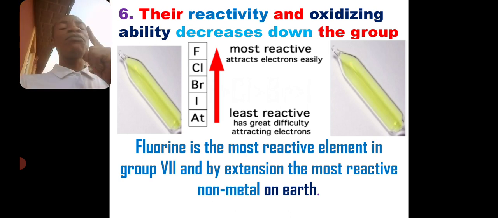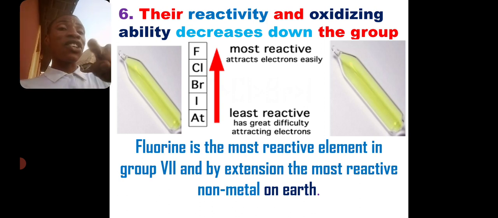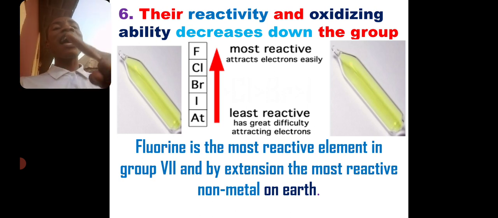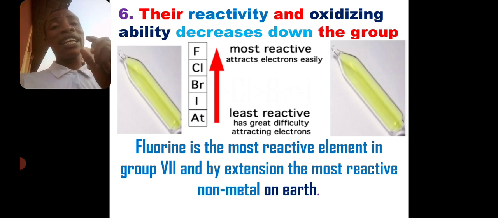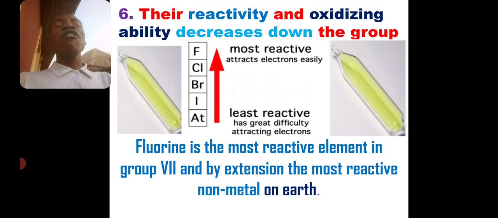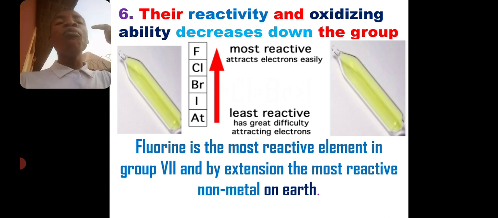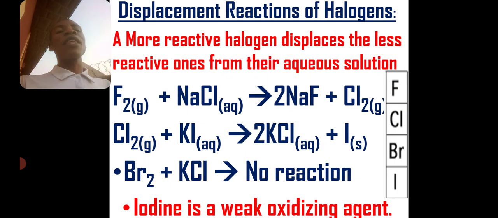The reason is because the atomic radius increases down the group, and this makes the electronegativity decrease. The higher the atomic radius, the smaller the electronegativity. So that's why fluorine, having a small size, is actually the most reactive, because it's the most electronegative in group 7.